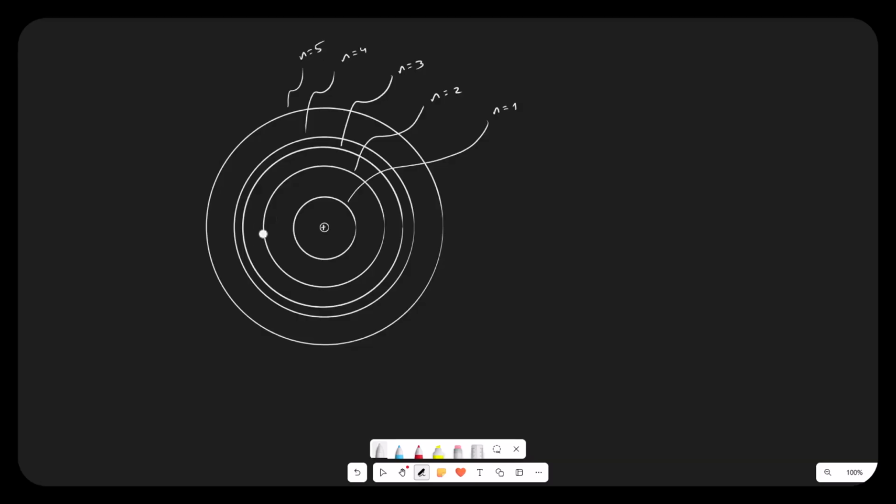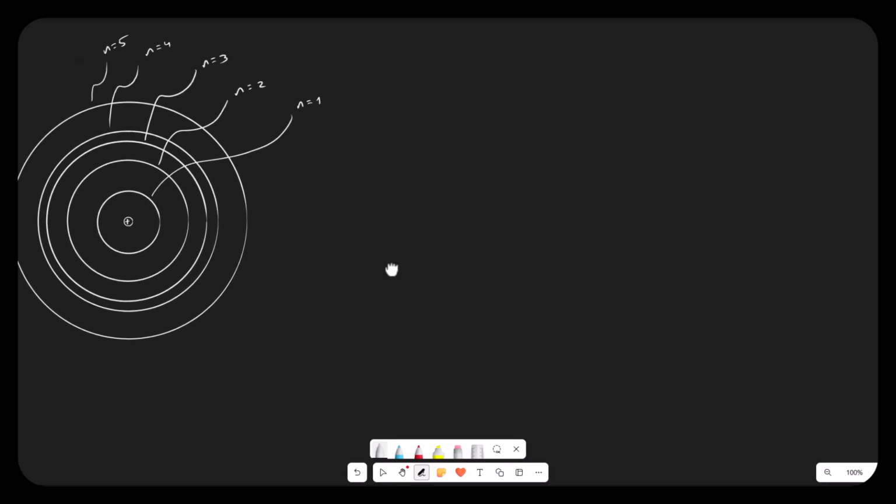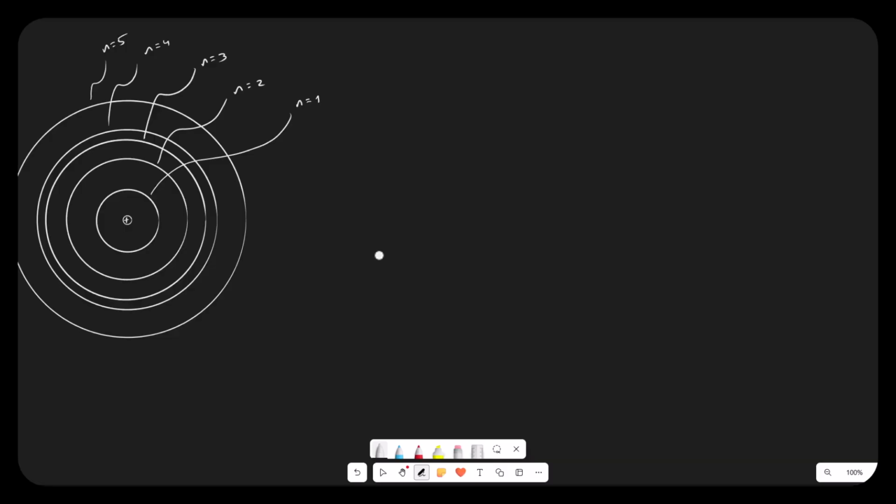Each one has its own energy, each one has its own angular momentum, which is how we actually develop this model. But the point of the Bohr model is we can live in one of these electron levels or another. We can move from one to the other, but we can't just hang out in the in-between space. That's not allowed.